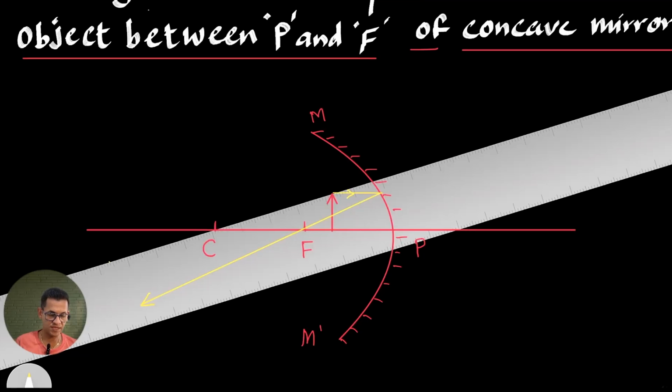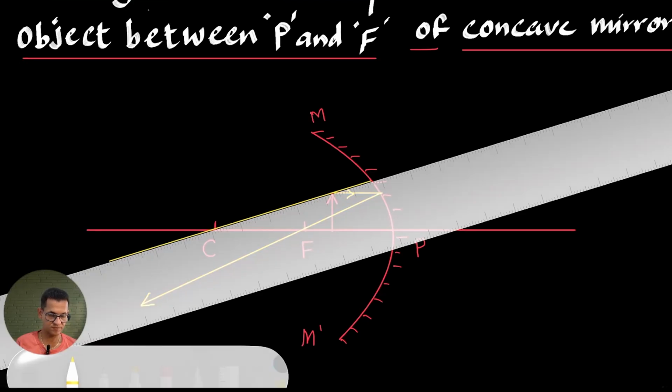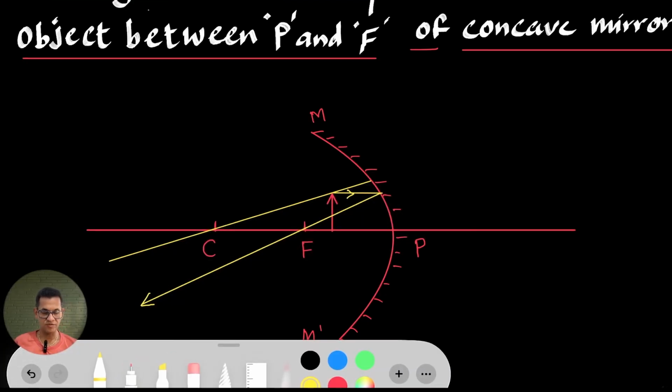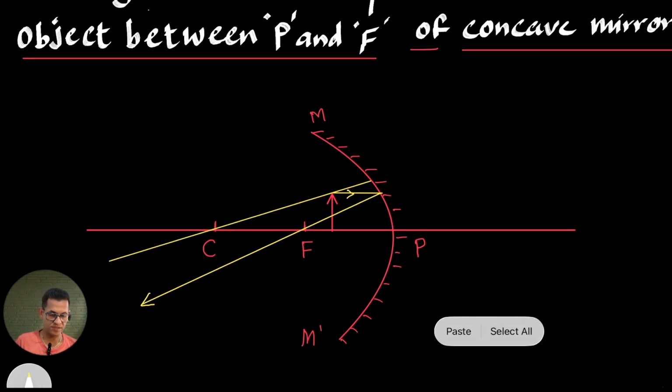So I'll draw a straight line passing through C from the top of the object. Now if we do this, you can see that we are getting diverging light rays here. The light rays are traveling away from each other.